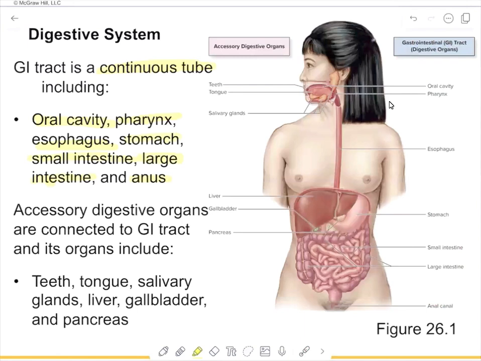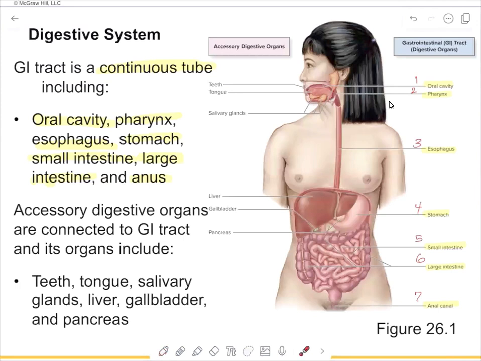If we were to number them in order, we would begin with the oral cavity, pharynx, esophagus, stomach, small intestine, large intestine, and then anal canal.